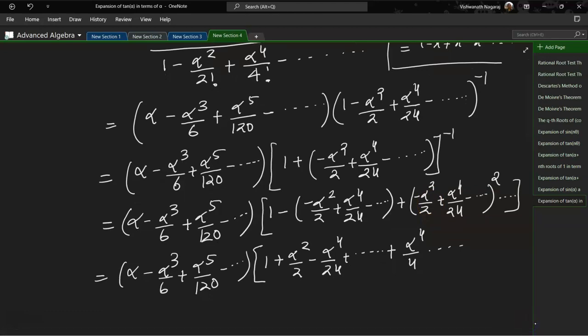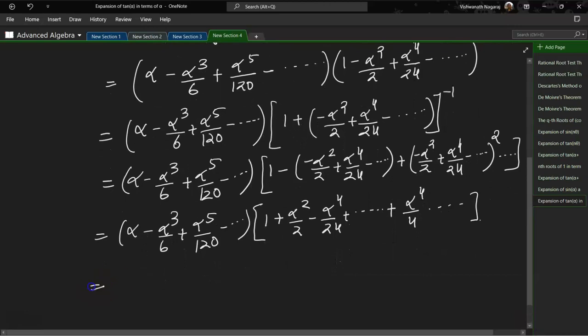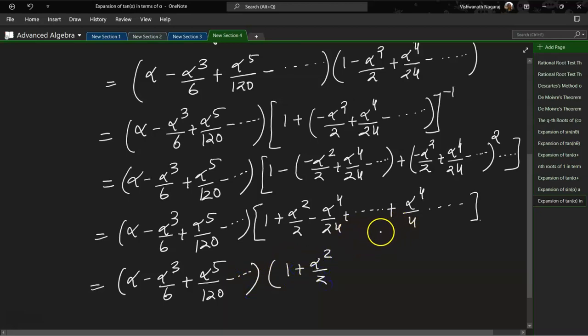Okay, so now let's close this off. What do we get? We need to multiply these two. But before that, what we can do is add these two terms: alpha cube by 6 plus alpha 5 by 120 minus dot dot dot, and 1 plus alpha square by 2. So what do we get?